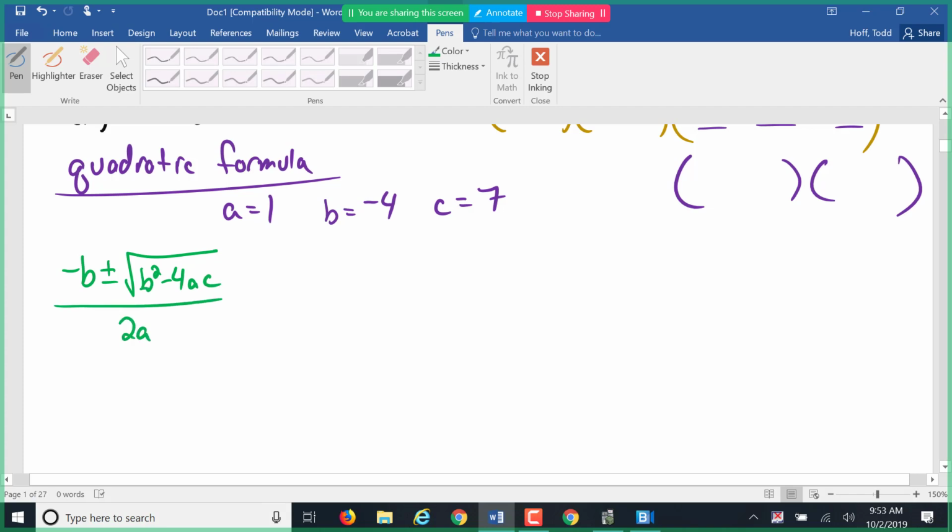Remember our quadratic formula is negative b or opposite b plus or minus the square root of b squared minus 4ac all over 2a.